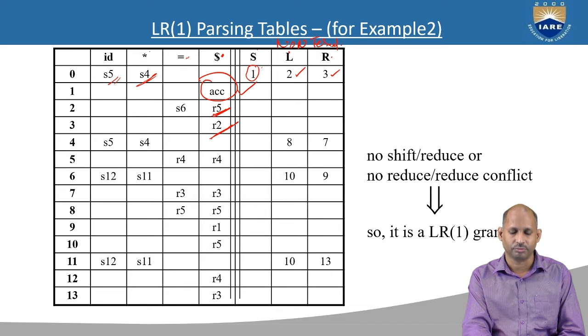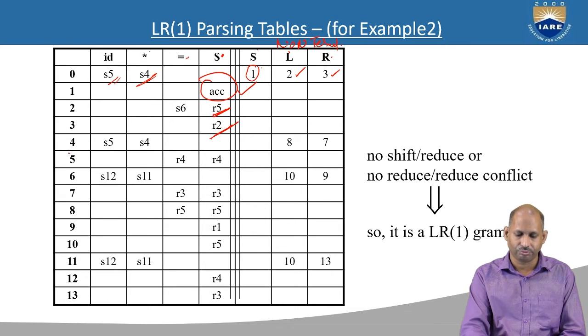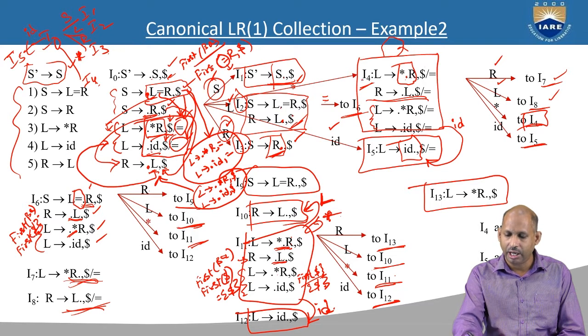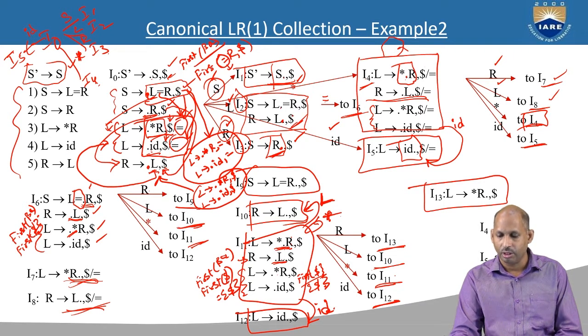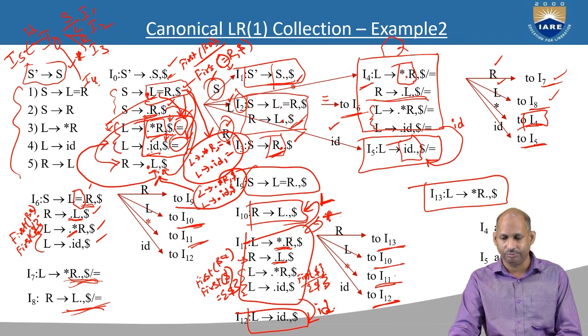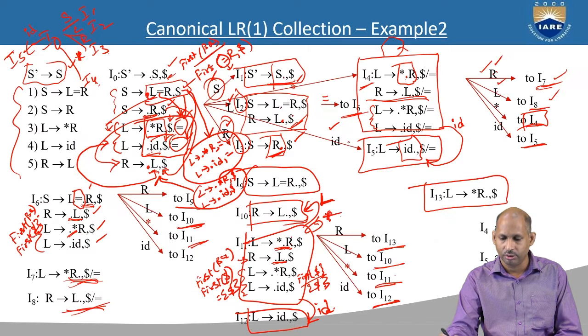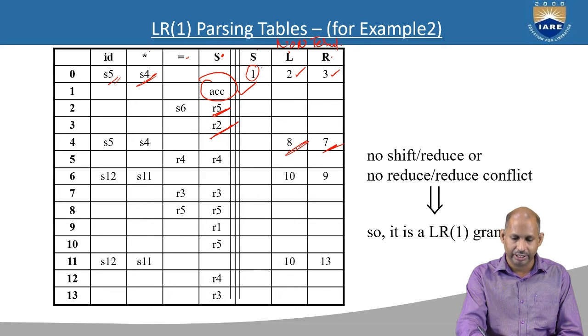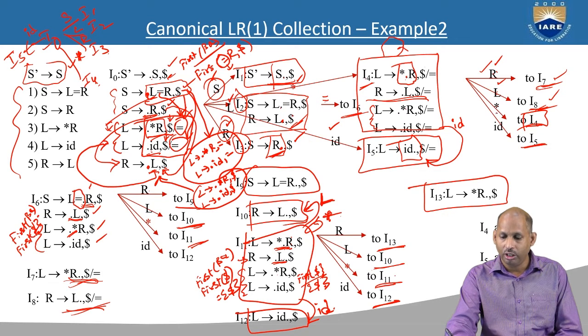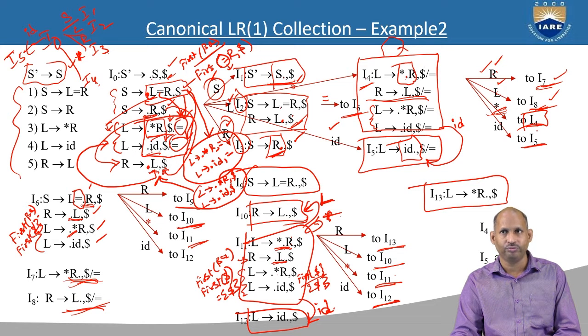Then I4. What is here? This is I4. 1, 2, 3, 4. There are 4 go to operations. On capital R, it is I7. On L, it is I8. On multiplication, it is I4.